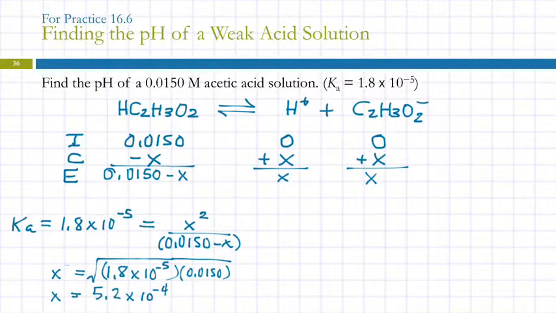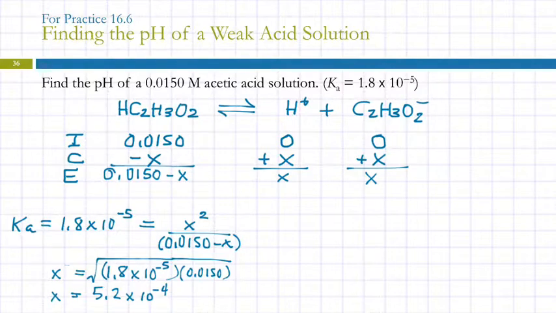Okay, so let's check that divided by 0.015 times 100. So 3.5%. So the X is small approximation is okay.